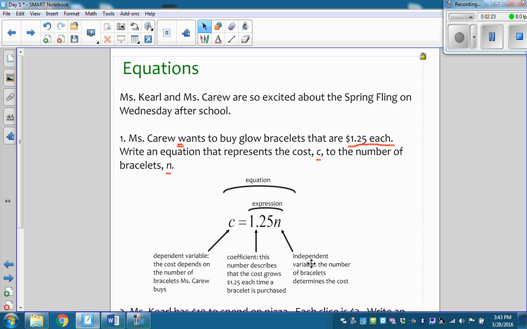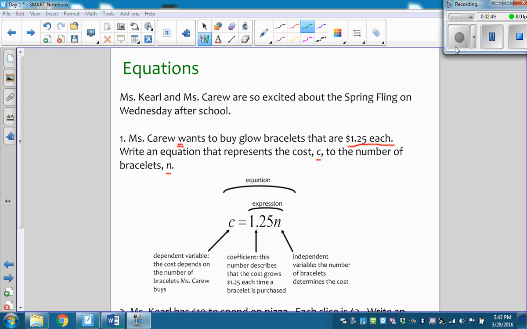So N is the independent variable. In other words, if you buy one bracelet, you only pay $1.25. If you buy two bracelets, you pay $2.50. And if you buy three bracelets, you pay $3.75.